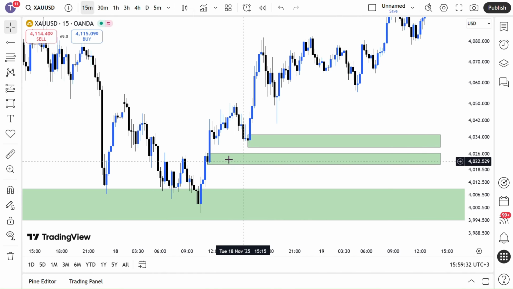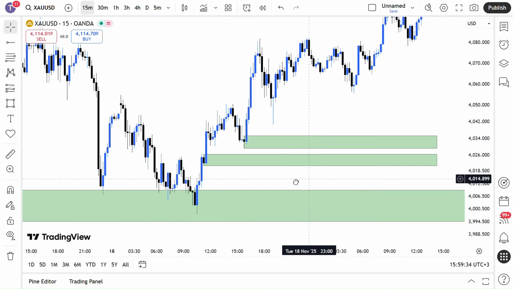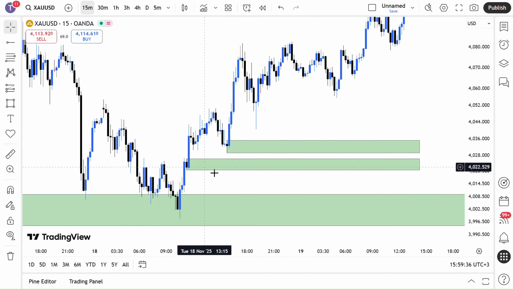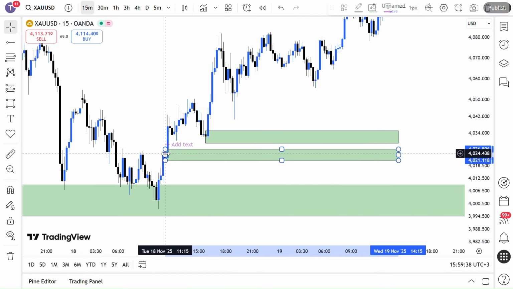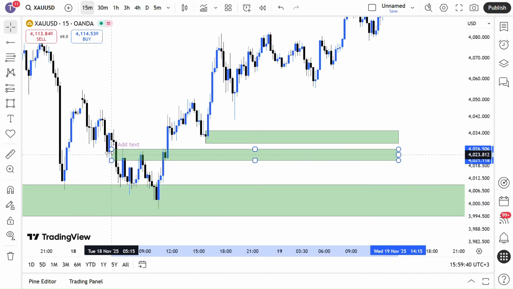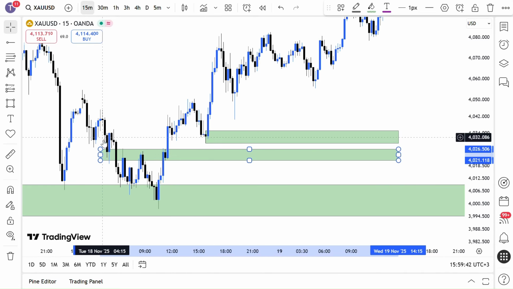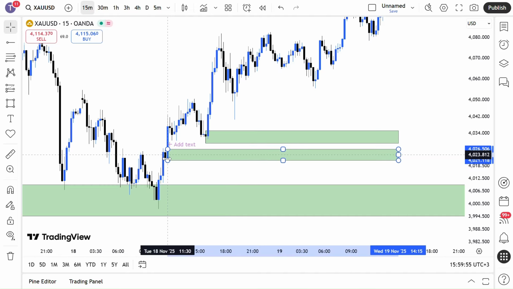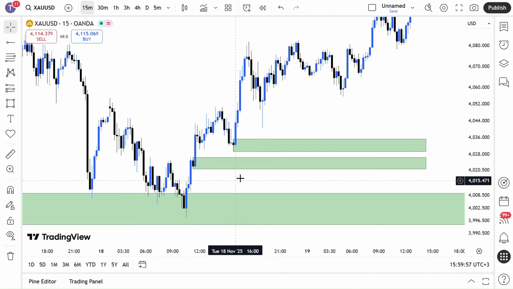Then we also have this order block down here that price never came to retest. If you extend this zone to the other side, you can see it acts as a support and resistance level. So this area is very important also. And I remember this area is coming from the 1 hour time frame fair value gap.